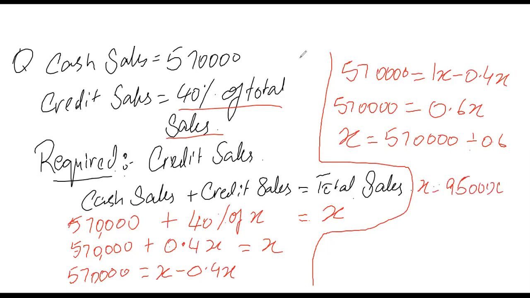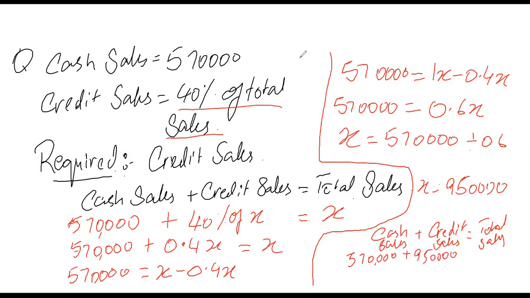Now to verify, if we are correct, then our cash sales plus credit sales is equal to total sales. My cash sales are 5,70,000. My credit sales are 9,50,000.